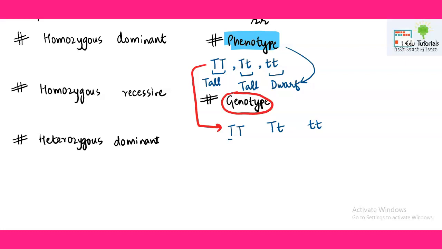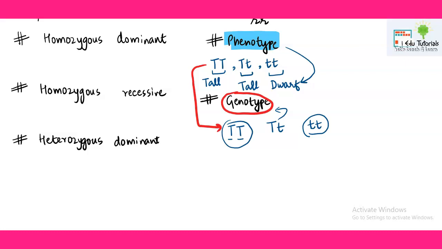If a dominant allele is present with a dominant allele, that is a genotype. Capital T allele present with small t allele is again defining a genotype, meaning which allelic combination is there. Another allelic combination is shown by small t. So these are the genotypes that will actually define the morphology or the phenotype of the individual.